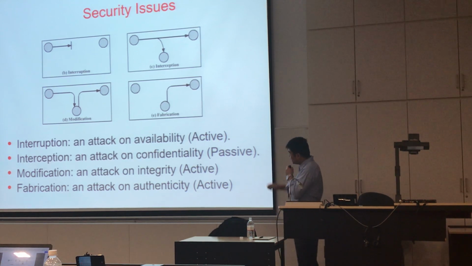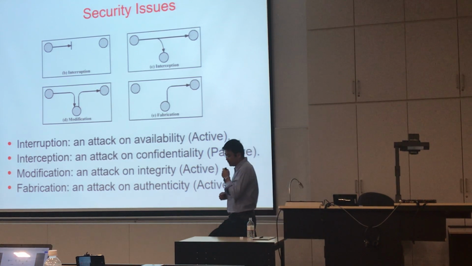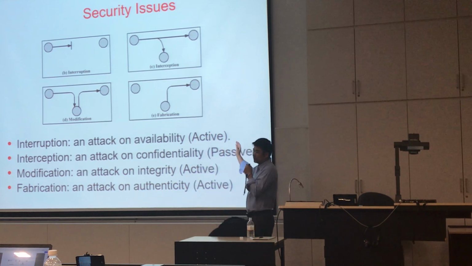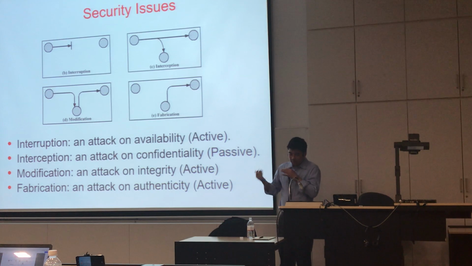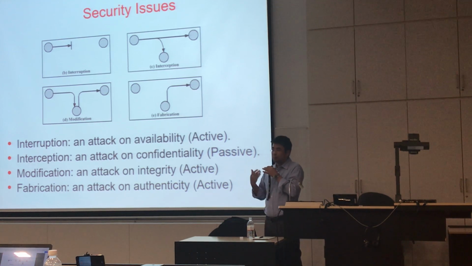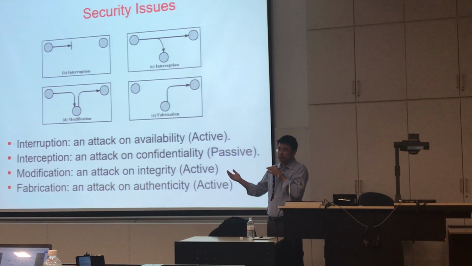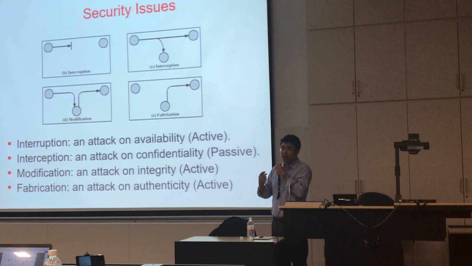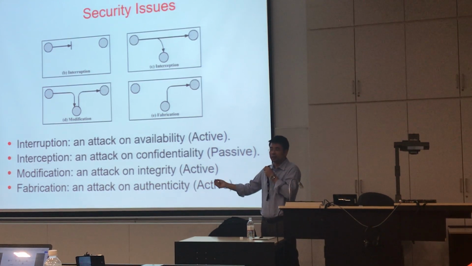But as I said, there are different types of attacks against fabrication, against authenticity. For example, even the simplest form of attack can be a simple replay. I can simply replay a message sent by Alice earlier. This message was indeed sent by Alice, but now I just replay the same message.